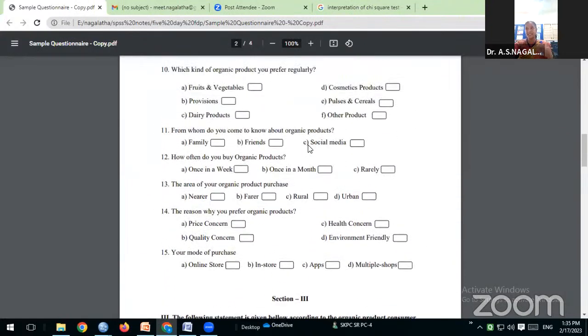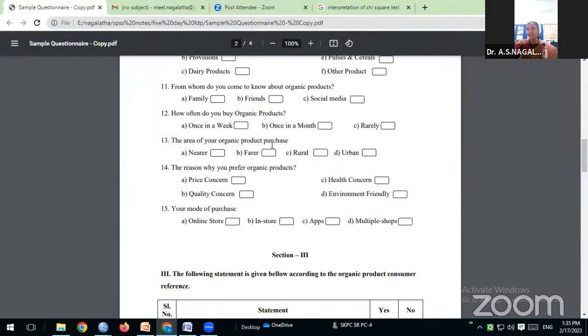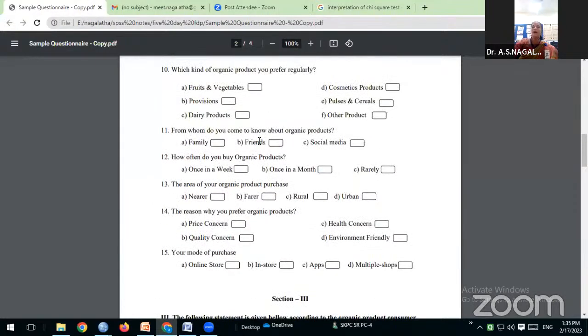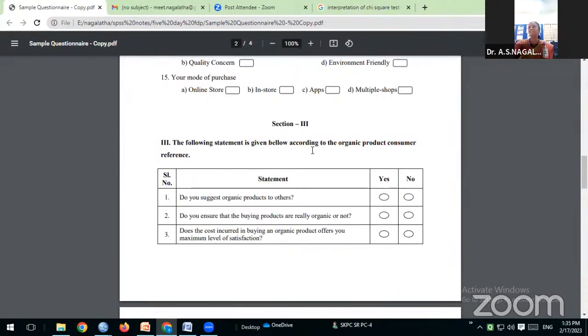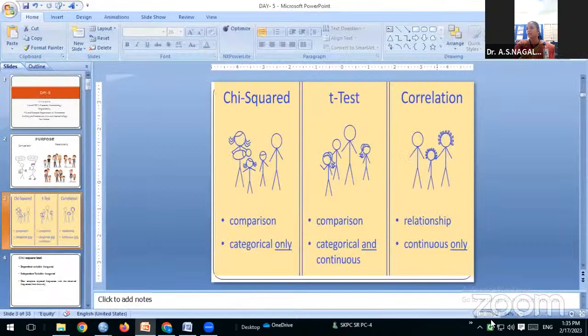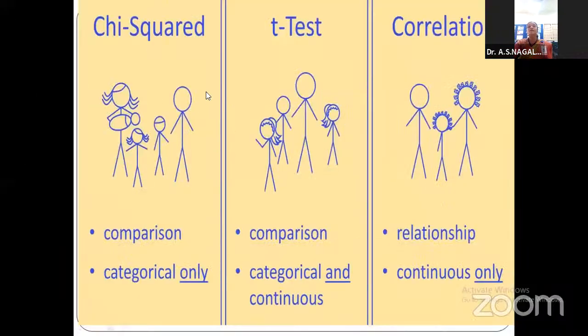When you're going to see a comparison between categorical variables, you will try to fit the chi-square. So now you got it: the dependent variable must be categorical and the independent variable must be categorical.